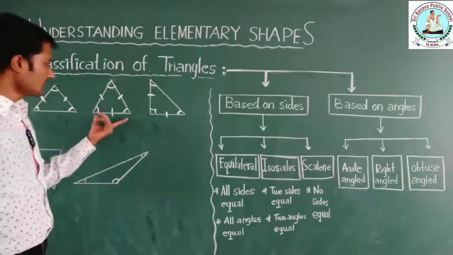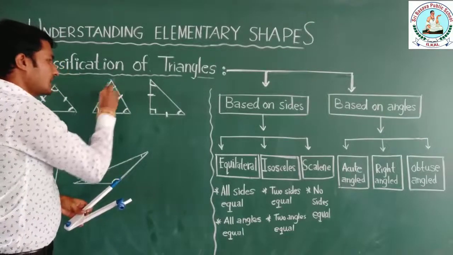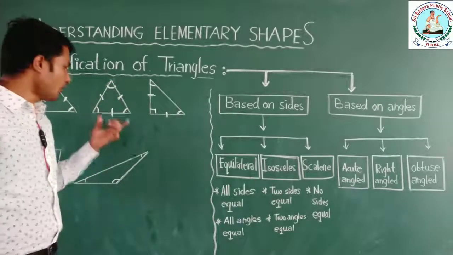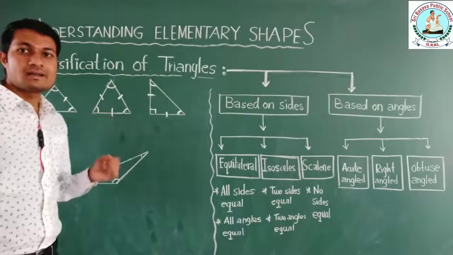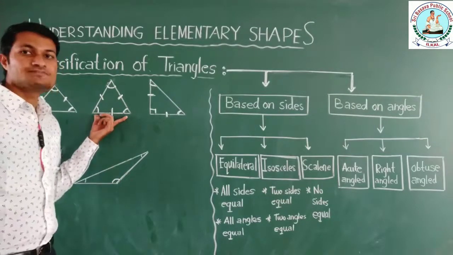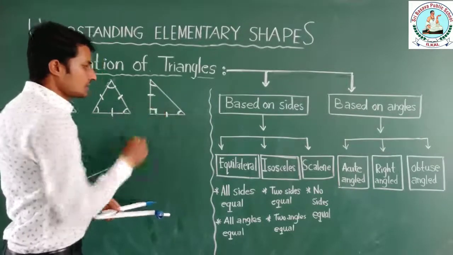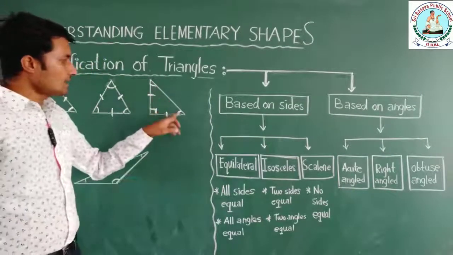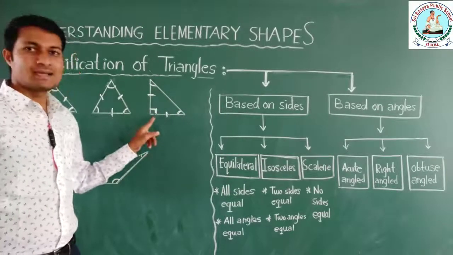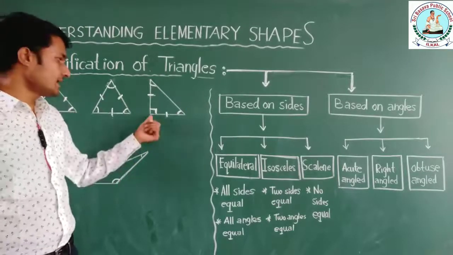Then in the second triangle, the measures of all the angles are also less than 90 degrees, so these are acute angles. But in the third triangle, two angles are acute, and in addition, one of the angles measures 90 degrees.